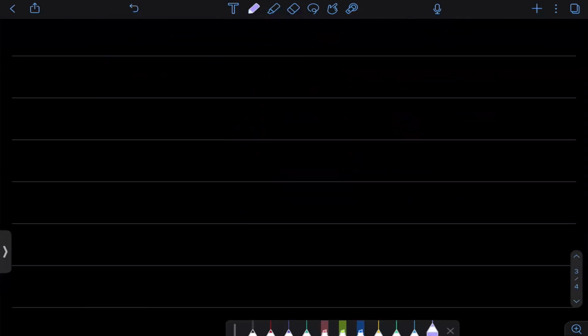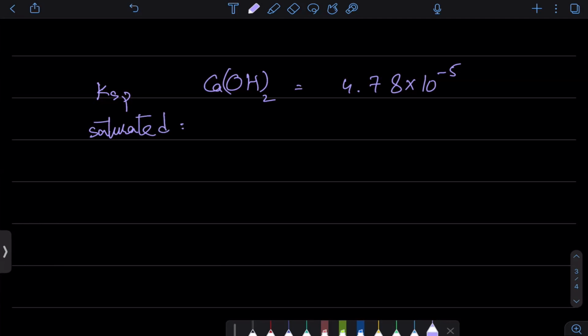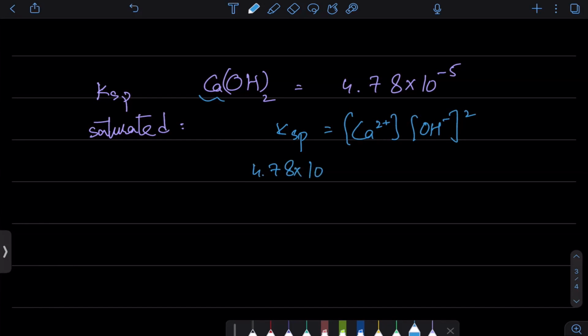Let's say I have KSP for calcium hydroxide, and that is 4.78 into 10 power minus 5. Now, if I had a saturated solution, then what is the concentration of calcium ion? Let's see. KSP is calcium ion concentration times hydroxide ion concentration 2x squared. 4.78 times 10 power minus 5 is going to be x times 2x squared.